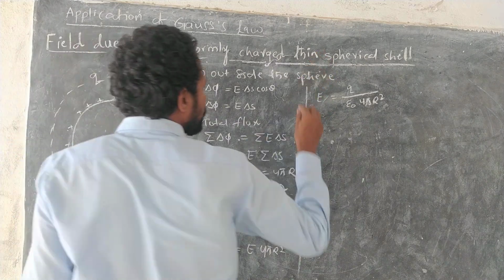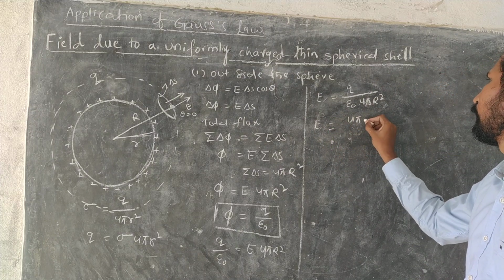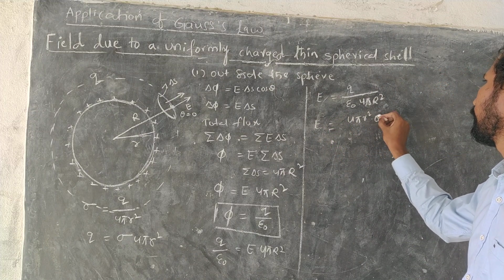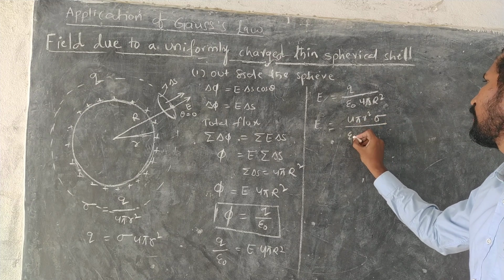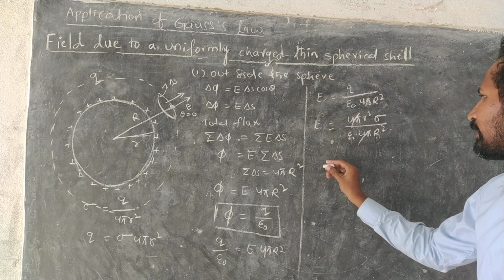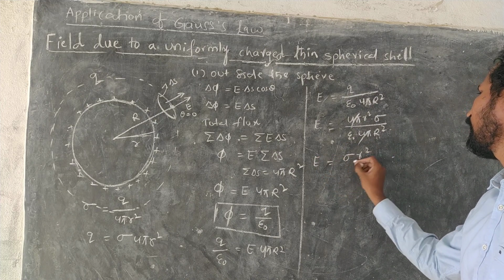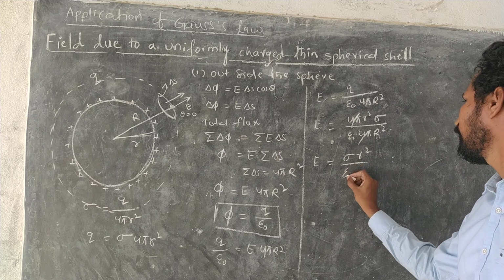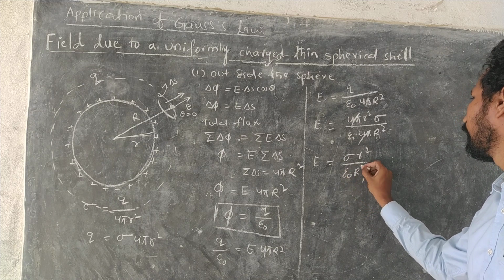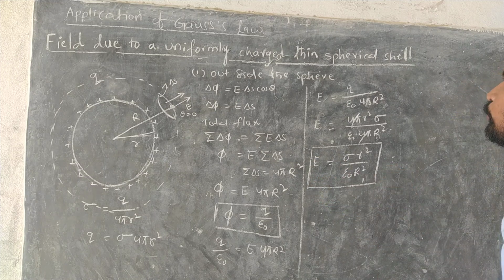Substitute this value here. E is equal to 4 pi r square sigma by epsilon naught 4 pi capital R square. 4 pi cancels. E is equal to sigma r square by epsilon naught capital R square. This is the electric field due to the spherical shell outside.